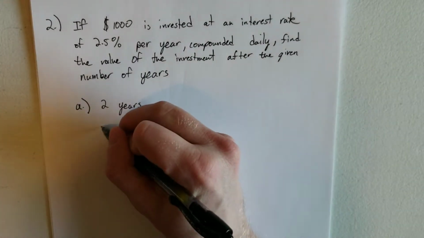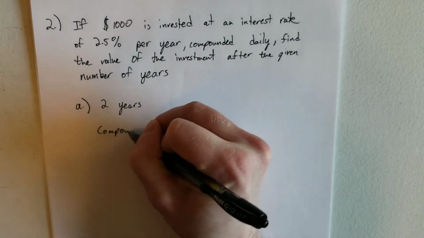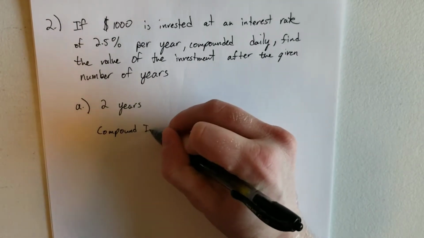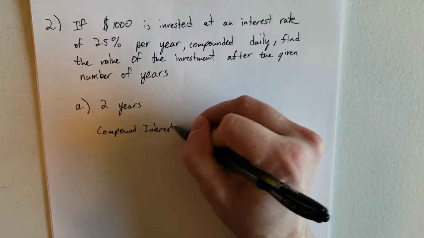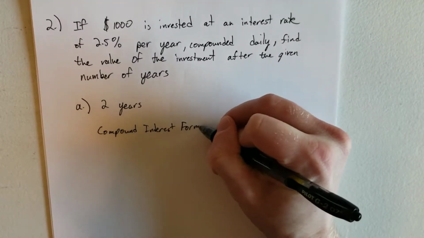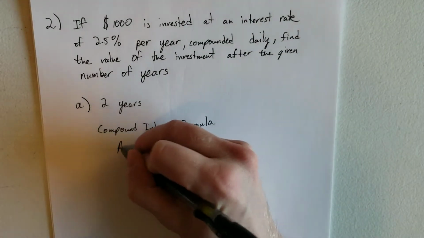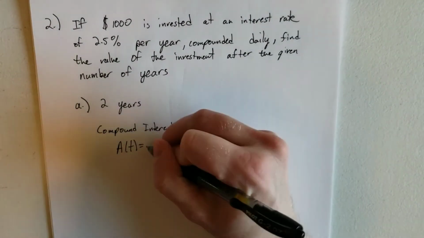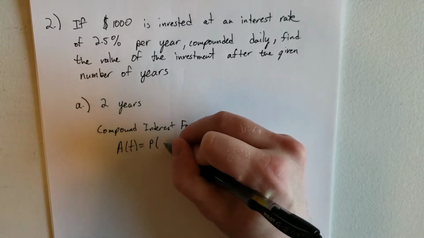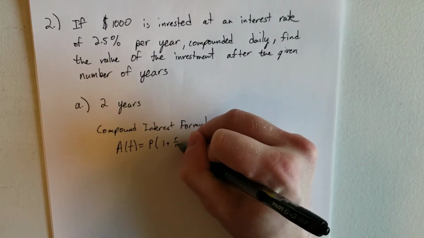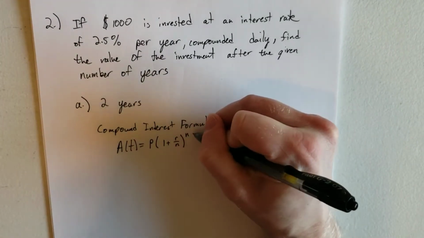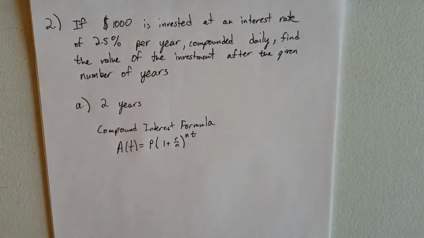So for this, we need to know the compound interest formula. And that compound interest formula is A of t equals P times 1 plus r over n, raised to the n times t.